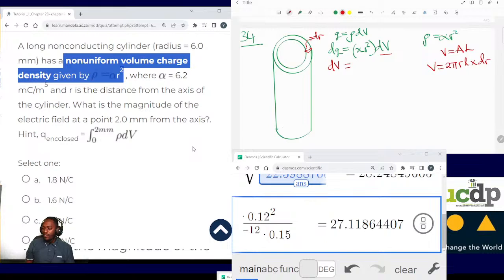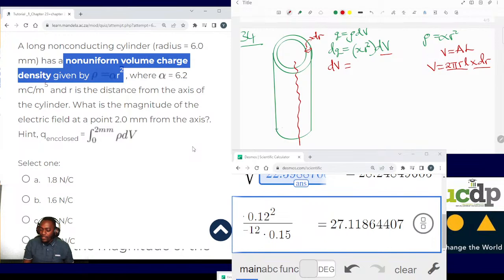I'll explain why we're doing that. So if we cut, now this is the explanation of why we're finding the volume like that. If we cut at this point, remember this is a cylinder, and when you open a cylindrical surface, it becomes a rectangle, right?